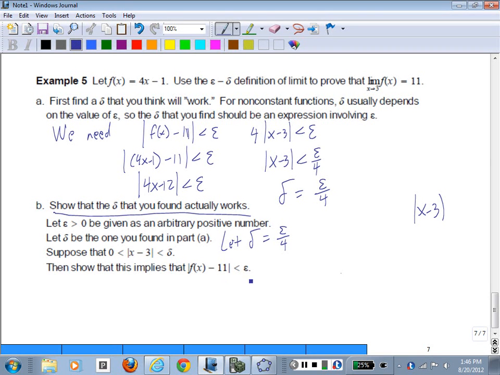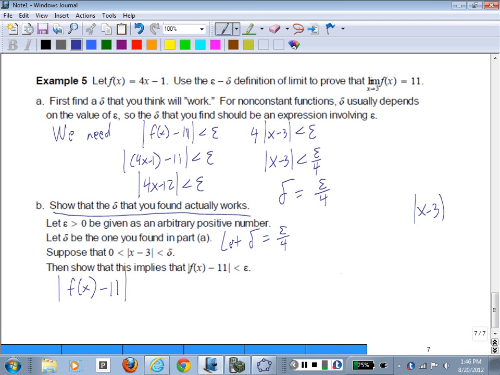How to show this? Well, I like to start with the expression, the absolute value of f of x minus 11. And if I can write an equal sign, an equal sign, an equal sign, eventually a less than symbol, and conclude with an epsilon at the end, then we can string them all together and conclude that the absolute value of f of x minus 11 is less than epsilon.